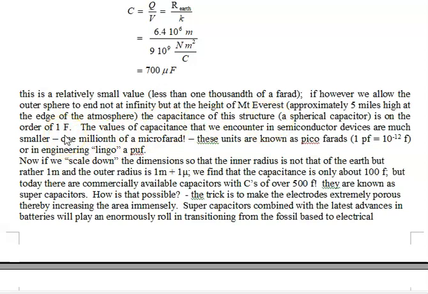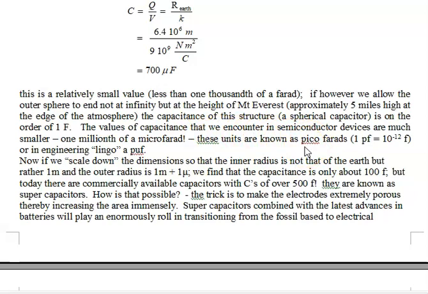Now, when I was studying this, 1 farad capacitors were really, really large. You could make them. You could hold them in the palm of your hand, but that was about it. The capacitance that we encounter in semiconductor devices are much, much smaller.